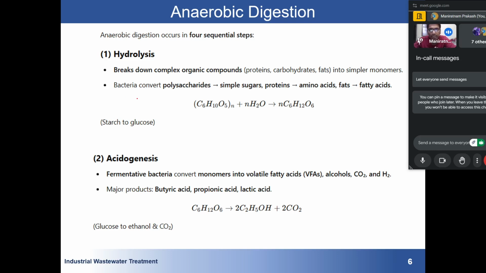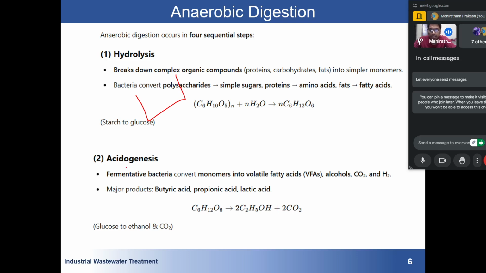So in our digester we add our sludge, and we also add bacteria specific for this kind of activity, and those bacteria help break down complex organic matter into a simpler form. Suppose starch is a very complex organic matter, and that can be easily broken down into a simpler form, that is glucose.